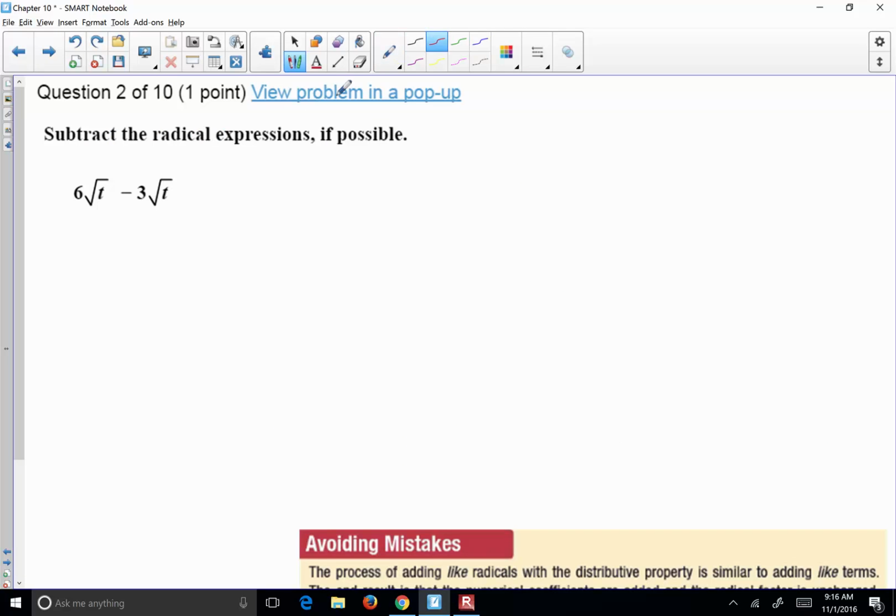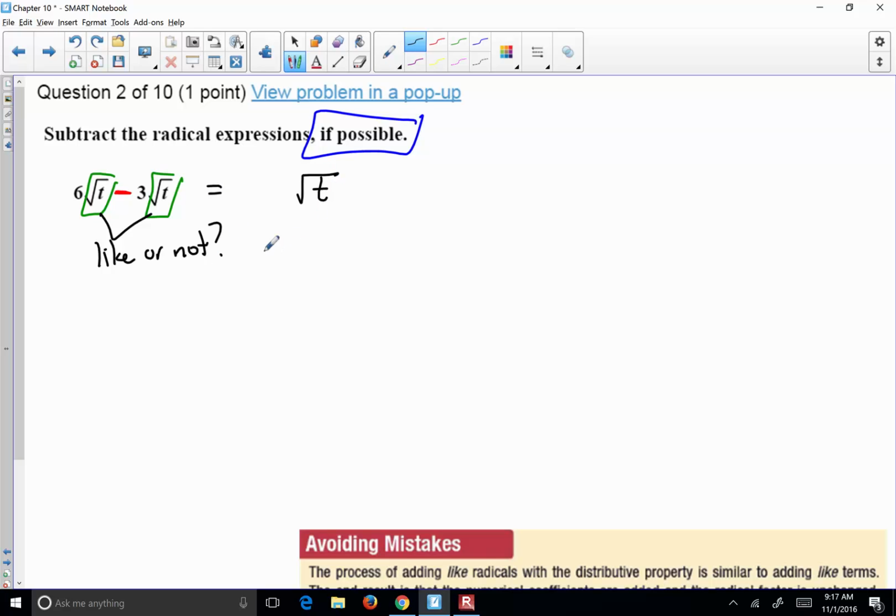Subtract the radical expressions. You see the minus sign, we will subtract them if it's possible. Okay? So the first thing you need to check is to focus on the radical part and see if they are like or not. What's the answer? Are they like? Yes, they are. So we can combine them into one prison with the numbers in front performing this operation.